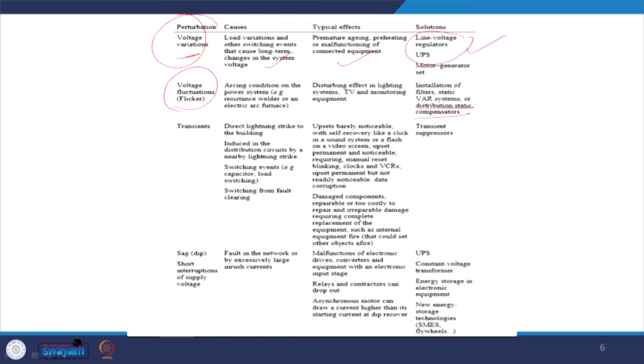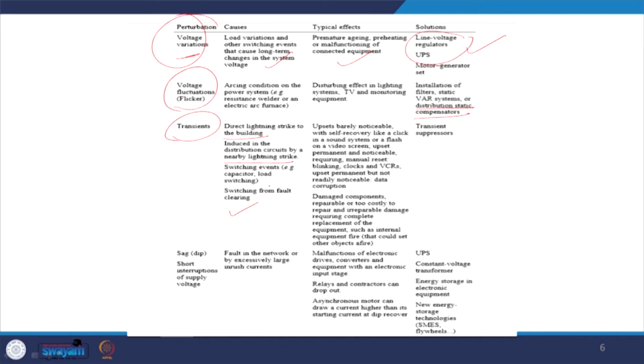Now, transients. It may be from many sources: direct lightning strike to the building or the transmission line, disturbances induced in the circuit by a nearby lightning strike, switching events such as capacitor load switching, and switching from fault clearing.